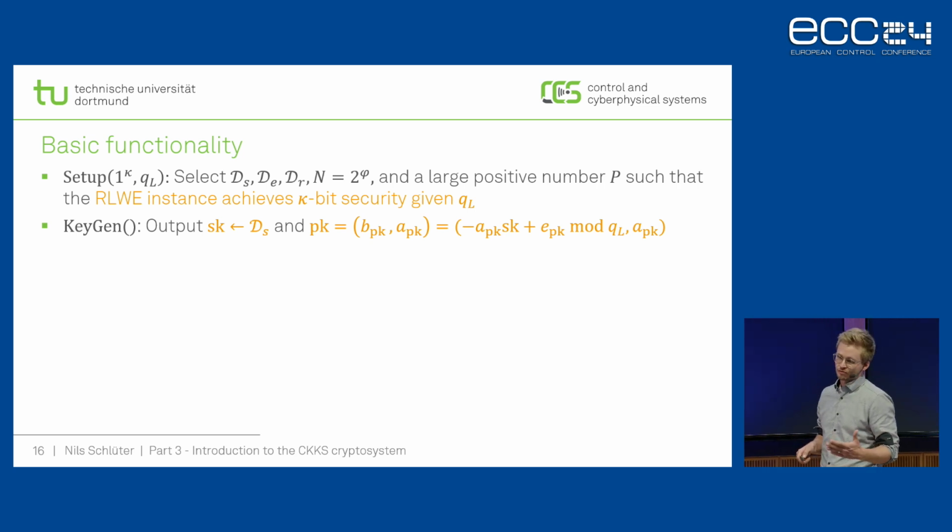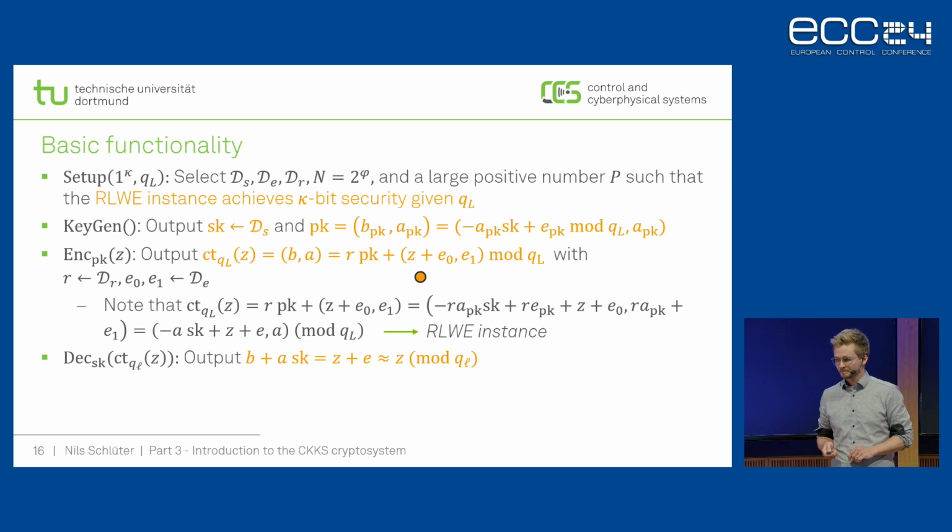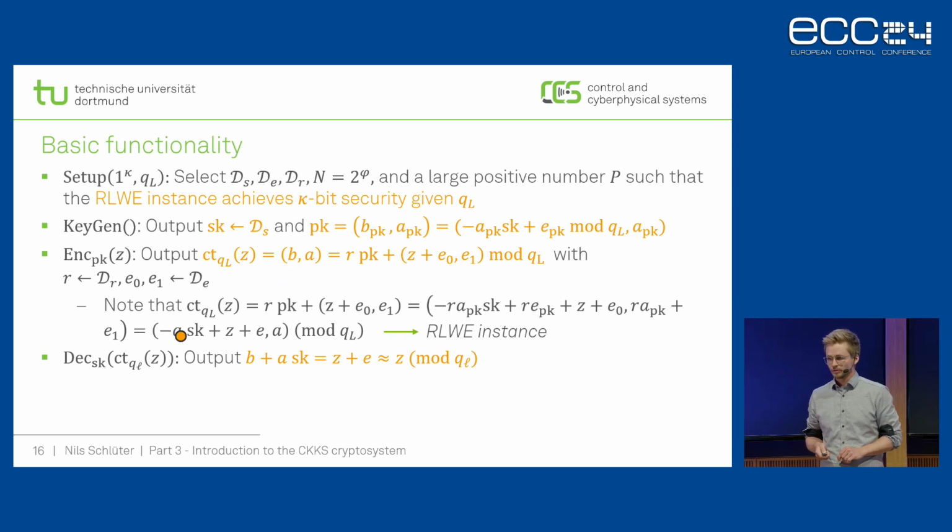And then we have a key generation where we generate our secret key and a public key. And with that at hand, we can use, again, an LWE instance where we embed our message. It looks a bit different here because it's a public key scheme. If you just rearrange it a bit, you will see that you end up with an LWE instance right here.